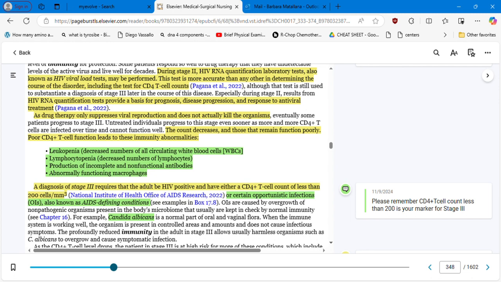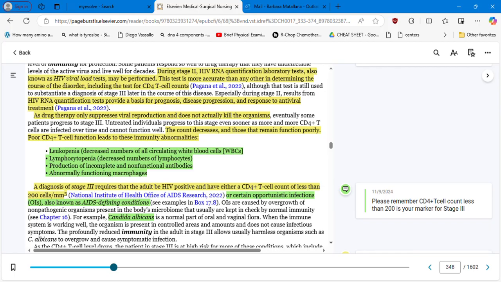So in stage 1, remember your flu-like symptoms, and in stage 3, the count of CD4 T cells is going to be less than 200. Also, when you have certain opportunistic infections, you will also be diagnosed with AIDS.